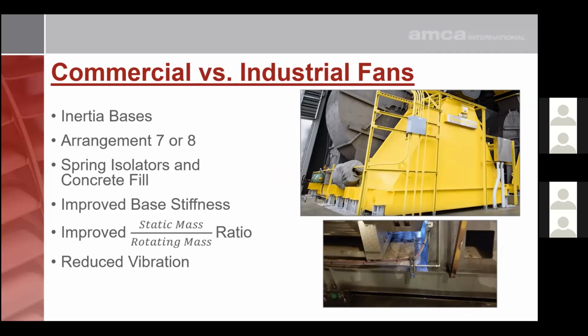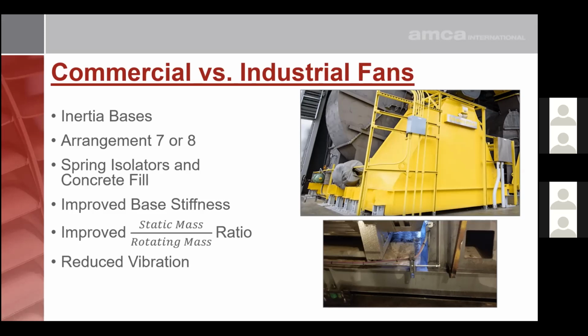Now, on some commercial fans, you'll see what I would call an isolation base. The difference between these two, isolation and inertia base, is that the inertia base contains concrete. The concrete improves the base stiffness as well as natural frequency separation. So the bottom of the base of the fan will be filled with concrete.